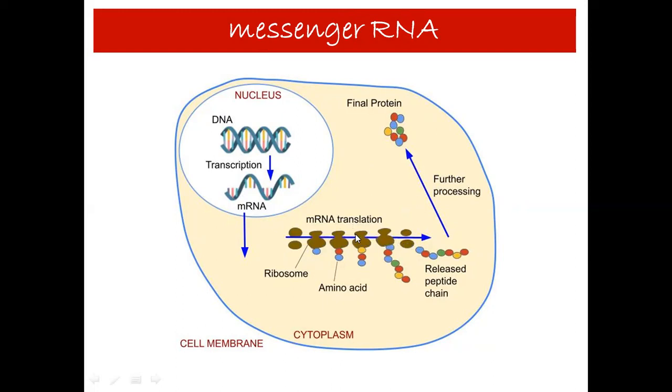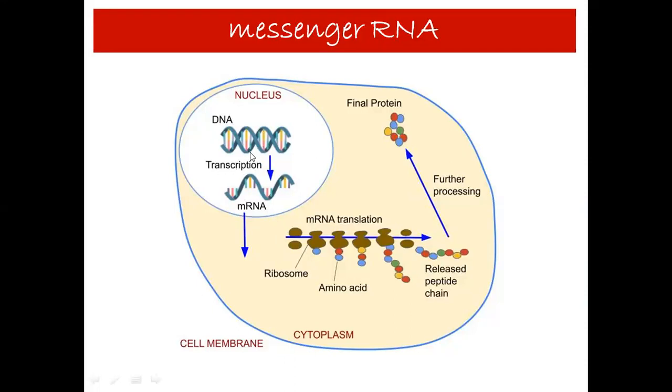What happens here? Cellular machinery creates a copy of that sequence which is encoded in the DNA of a protein in the form of RNA. So what is happening here?